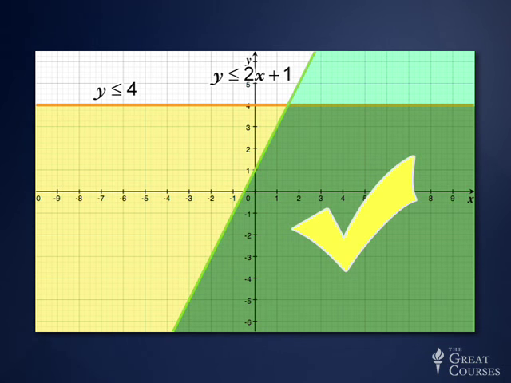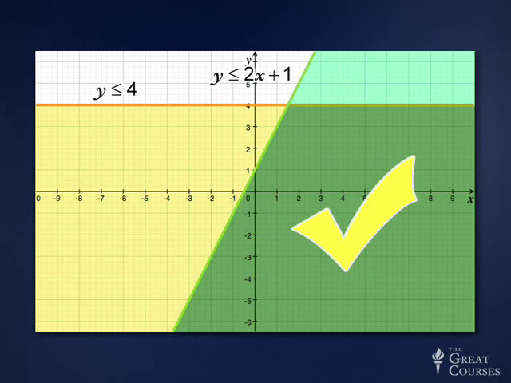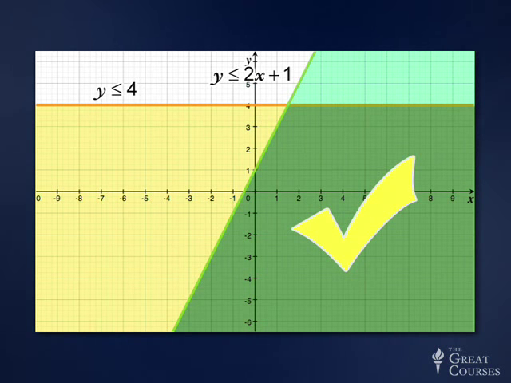And it's that region, the set of intersection points, which are going to satisfy both of the inequalities at the same time. Guess what? That double shaded region, the set of intersection points, is the final answer. So that part of the plane turns out to be the solution set for the system of inequalities.